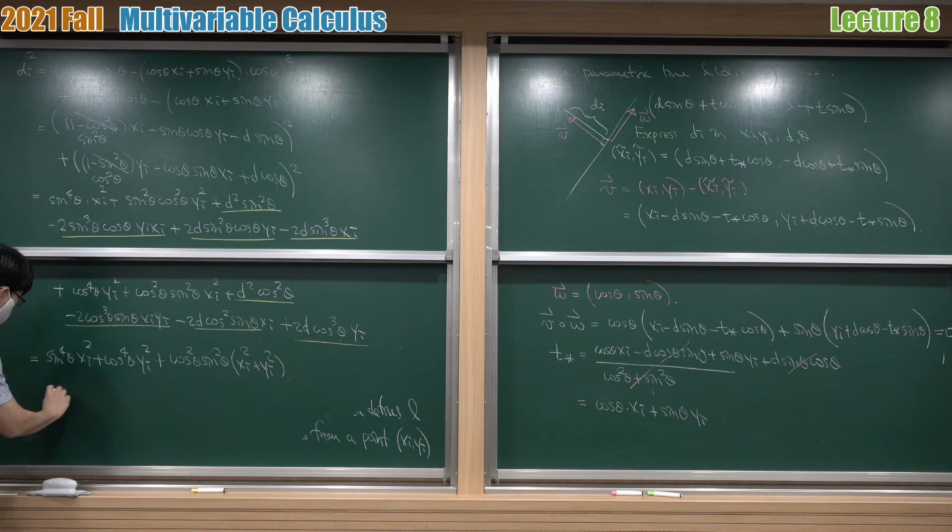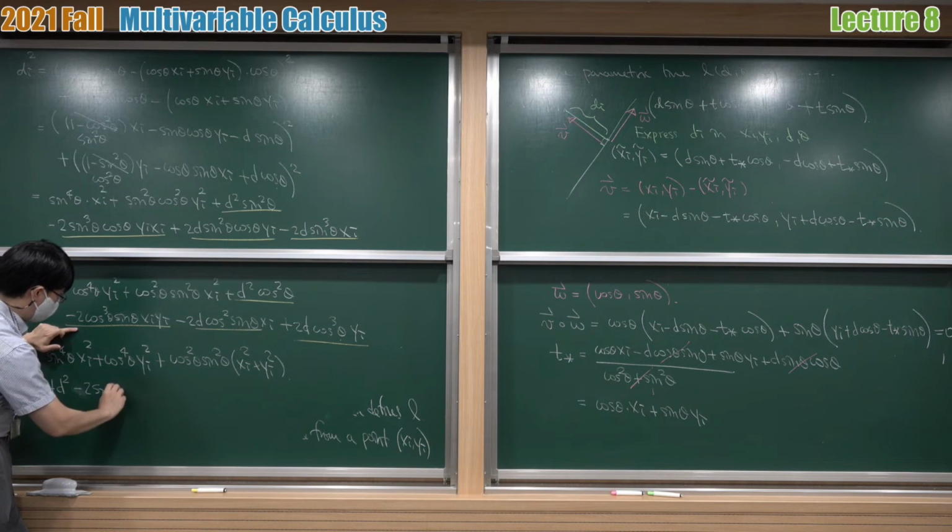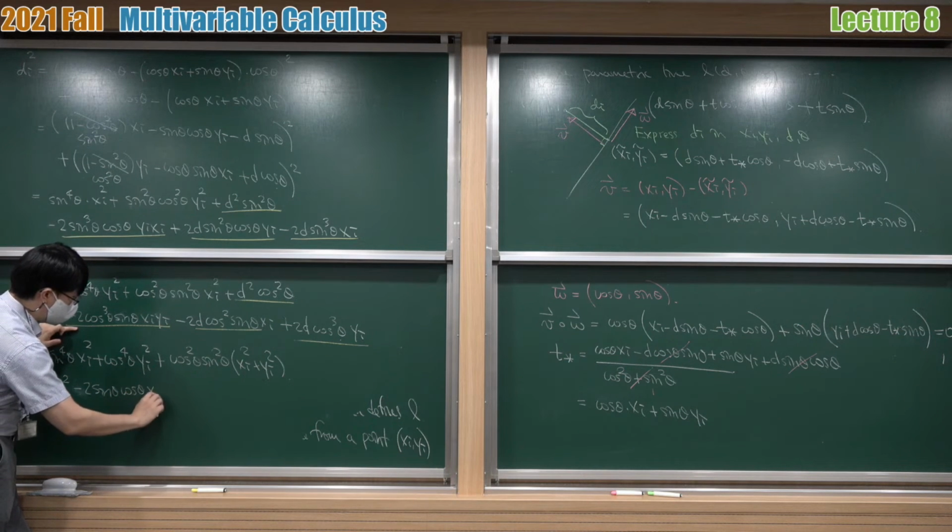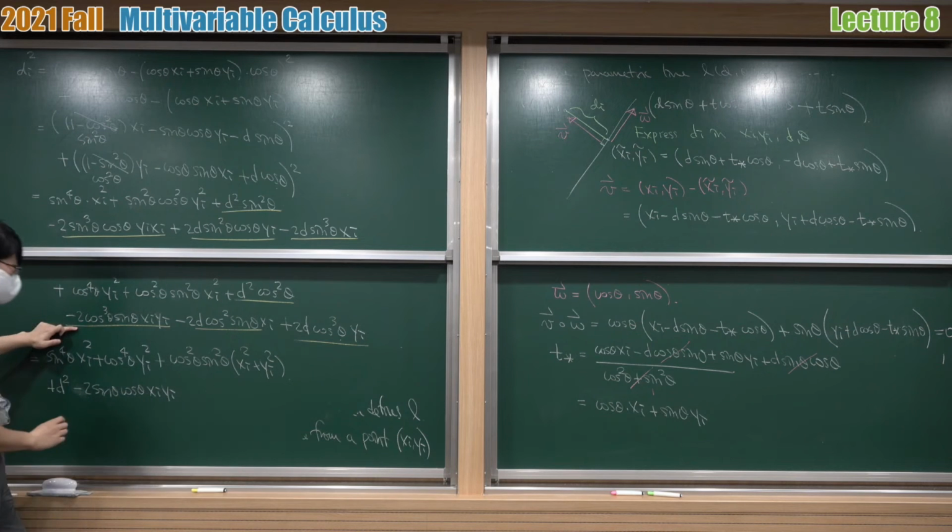And plus d square. And how about this? We can combine these two. Minus 2 sine theta, cosine theta, xi, yi, right?